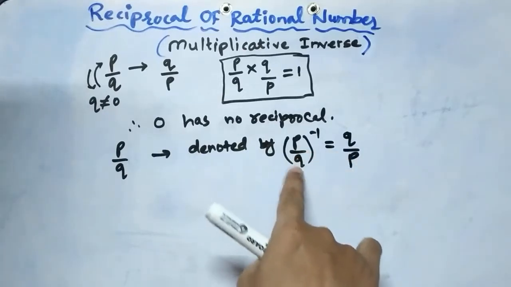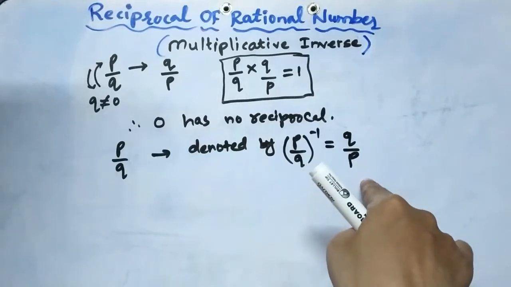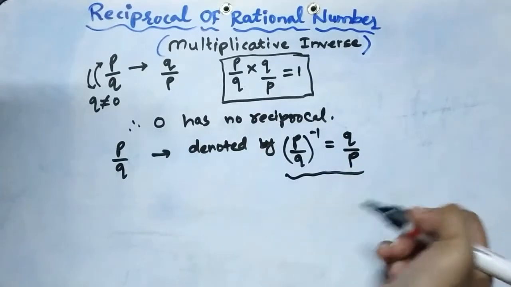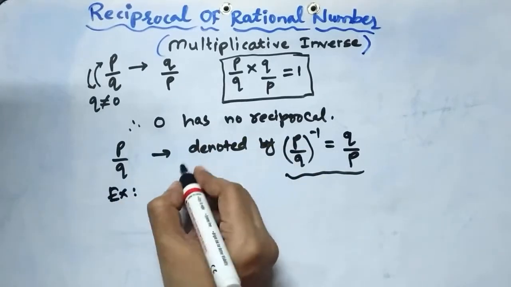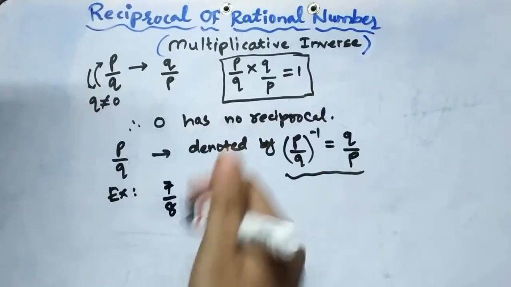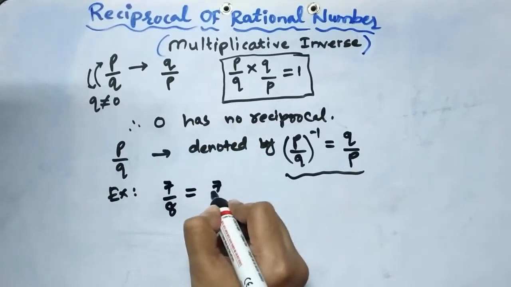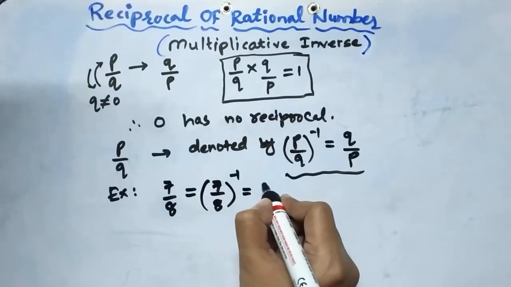So friends, don't get confused. P by q to the power minus 1 you can also write as q by p. You can remember this. For example, the reciprocal of 7 by 8 you can represent as 7 by 8 to the power of minus 1, which is nothing but 8 by 7.